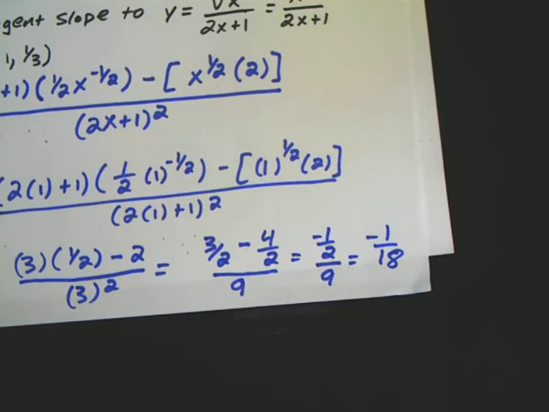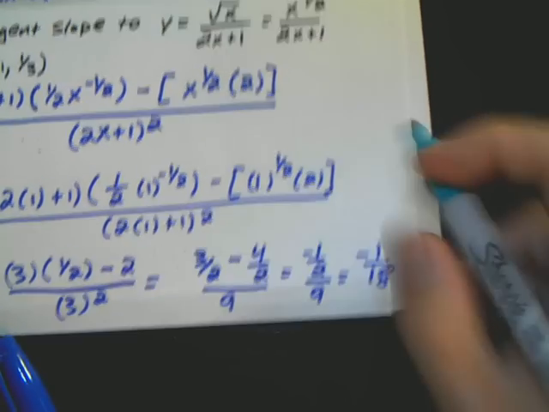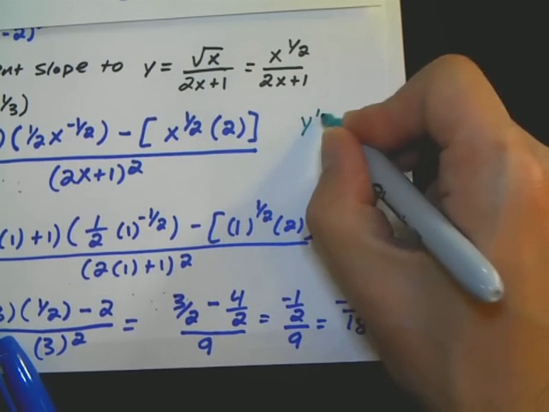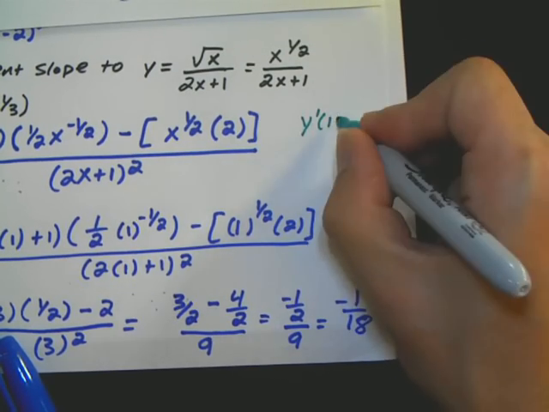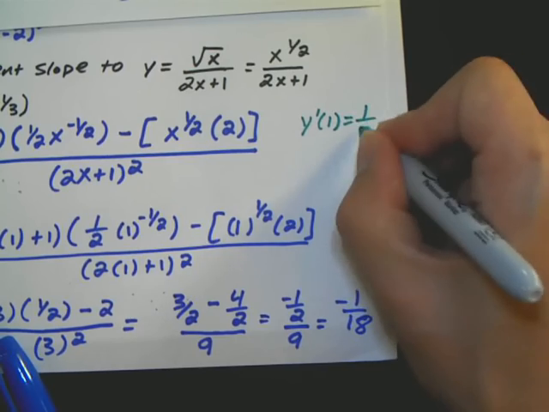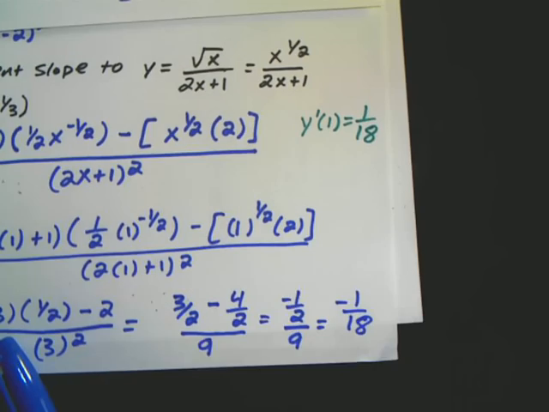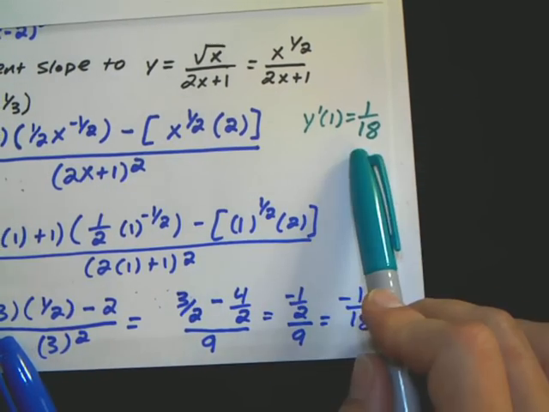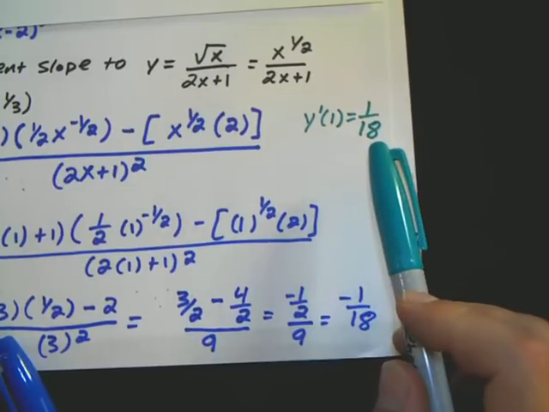So going back to the initial problem, I can say that my tangent slope, y prime at 1, is equal to negative 1 over 18. And that's the tangent slope.